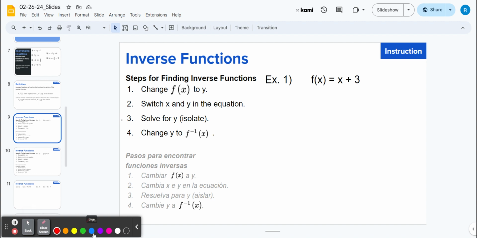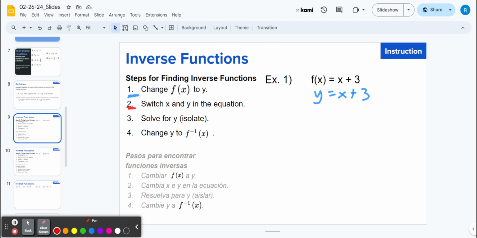So let's walk through this. First thing I'm going to do in this equation, for example 1, is change my f of x to y. This is just really a housekeeping item. We got y equals x plus 3. The reason we're doing it is we don't want to rewrite f of x over and over again. Then step 2 is probably the most important conceptually to what's going on.